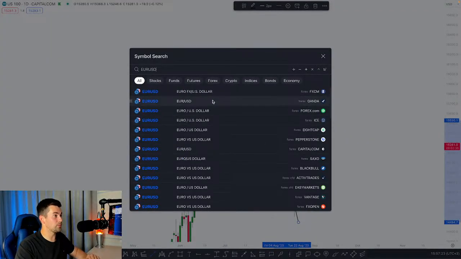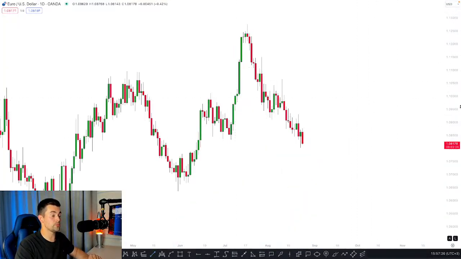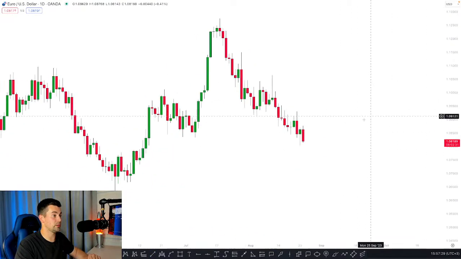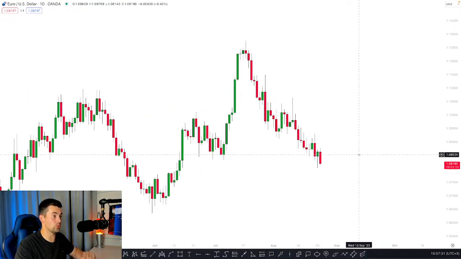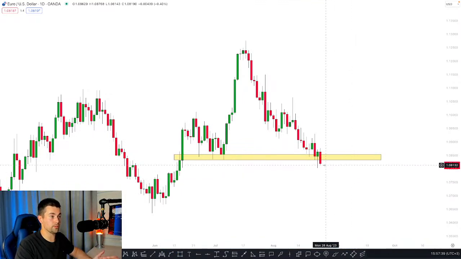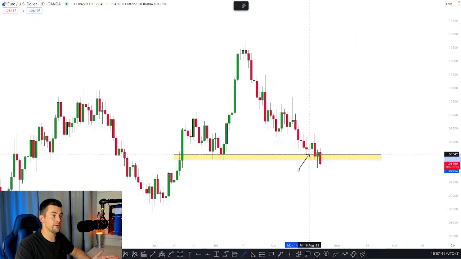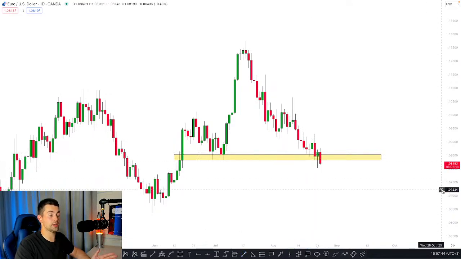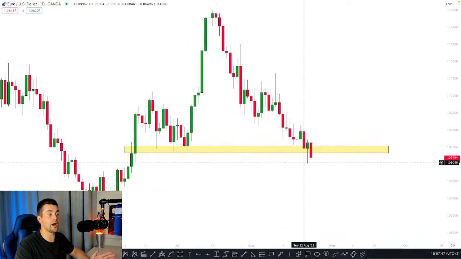Now, euro dollar. I saw a question about euro dollar, so let's analyze this one and check what is happening with it. The thing is, traders, that euro dollar is still trading on that key horizontal support. The price has tested that support for many days, and even though we got a breakout attempt of that structure yesterday, you can see that the price returned within the boundaries of that structure, and yesterday we got a false breakout.